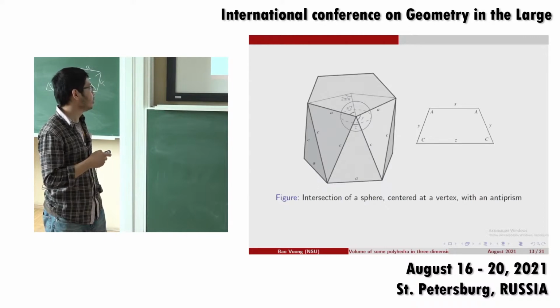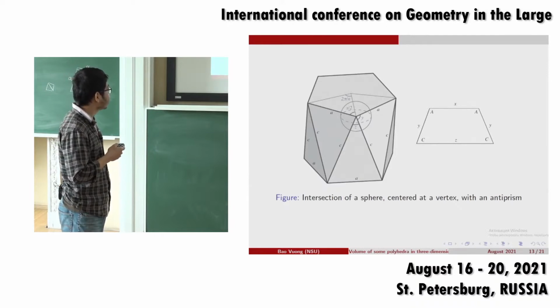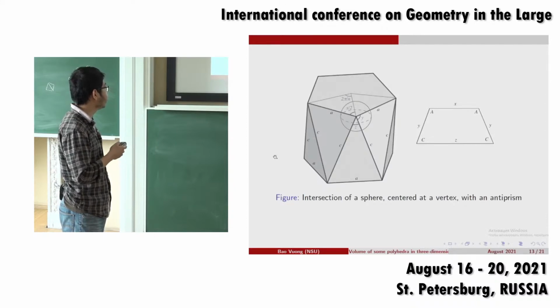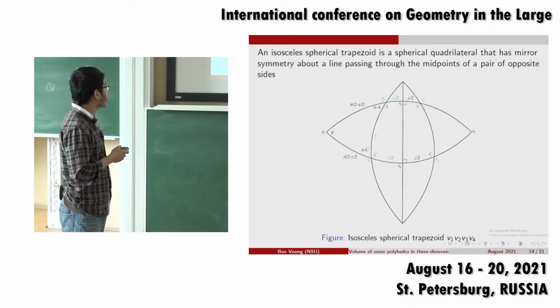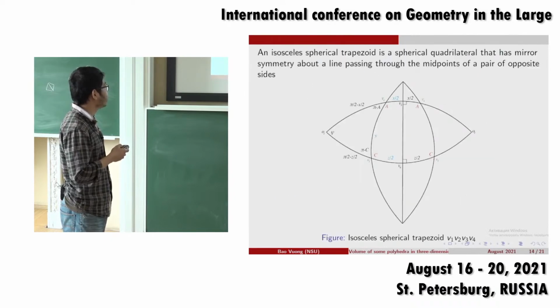It is a spherical trapezoid whose sides are x and z, which are planar angles here and here, and y is the planar angle here. A and C are correspondingly the dihedral angles along the edges a and c.